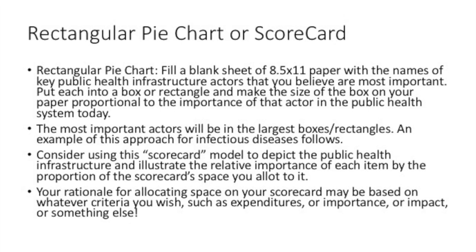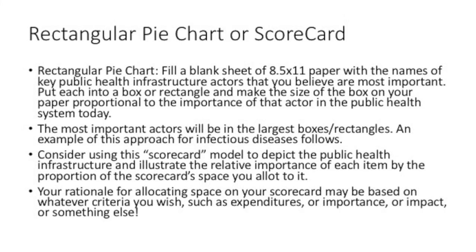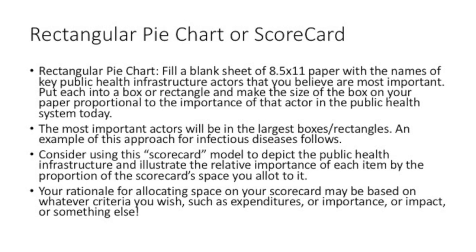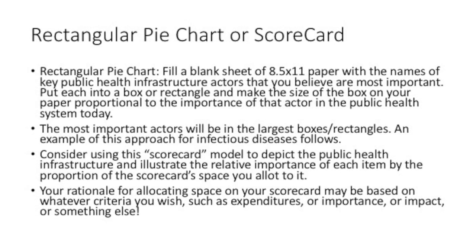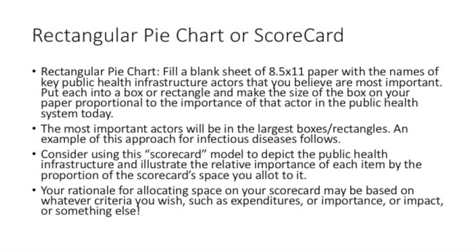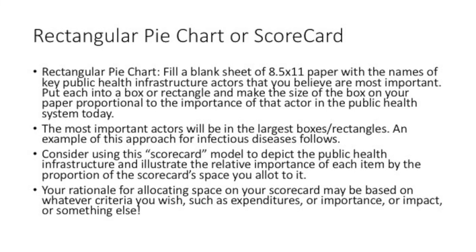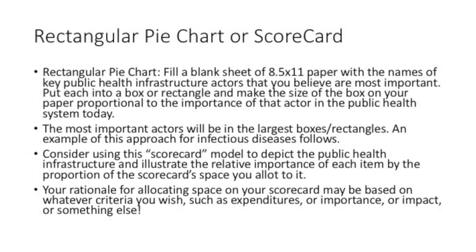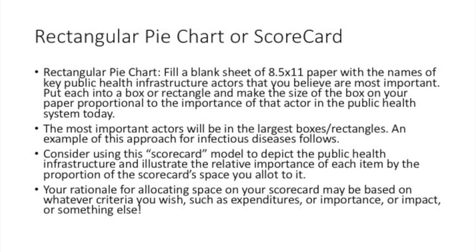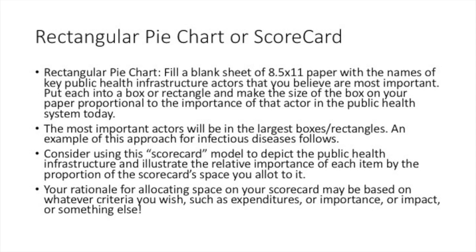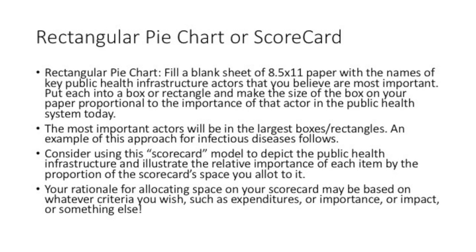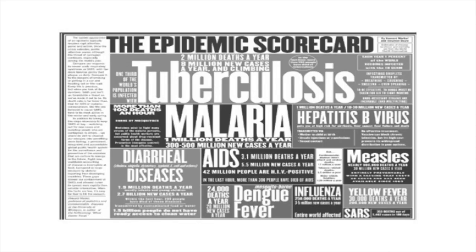Put each into a box or rectangular object and make the size of the box on your paper proportional to the importance of that actor in the public health system. For example, the most important actors will be the largest boxes. Consider using the scorecard model to depict the public health infrastructure and illustrate the relative importance of each item by the proportion of the scorecard.